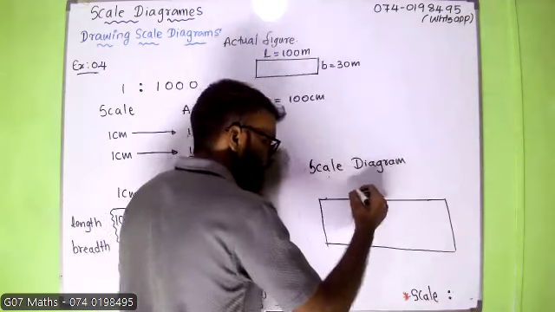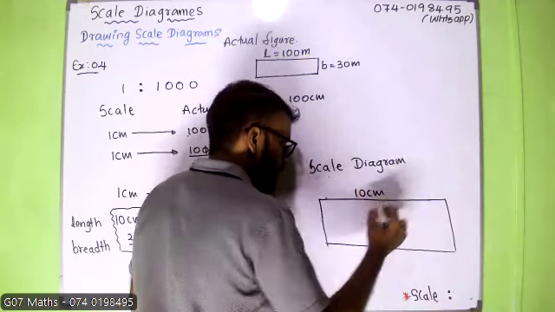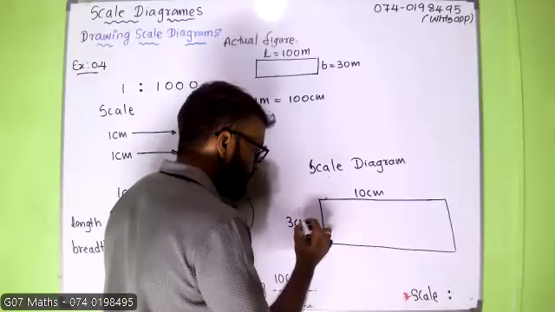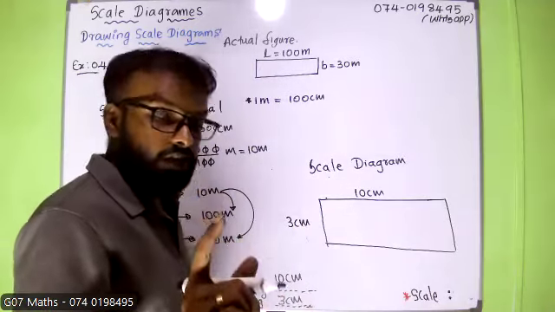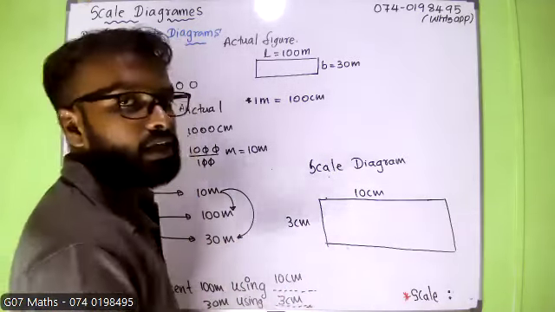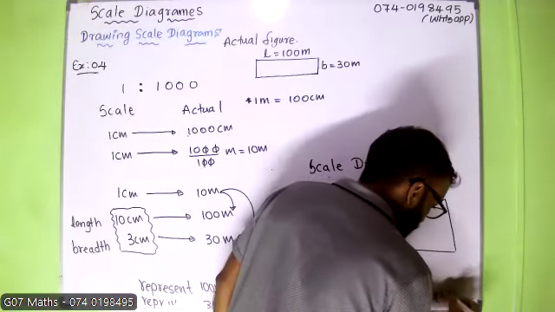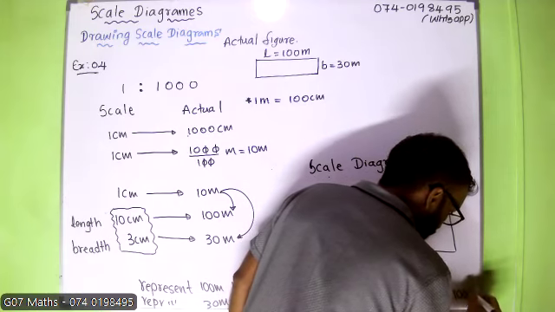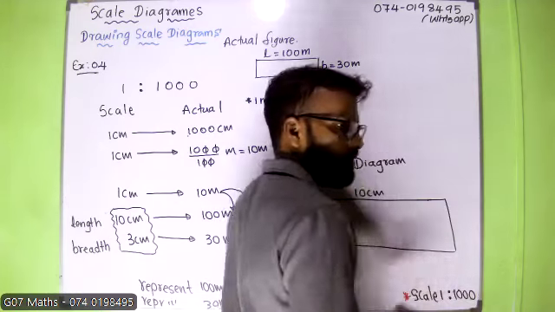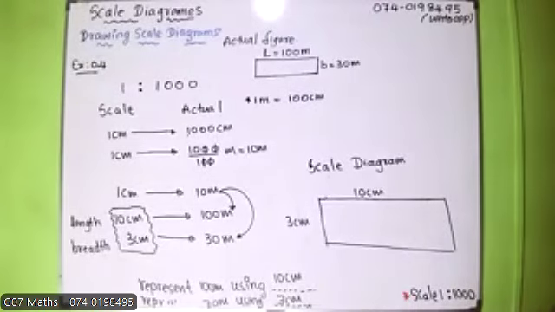So this is my 10 centimeter length. This is 3 centimeter length. And finally, the most important thing is the scale. Scale has been given as 1 to 1000. So this is it. Finish.